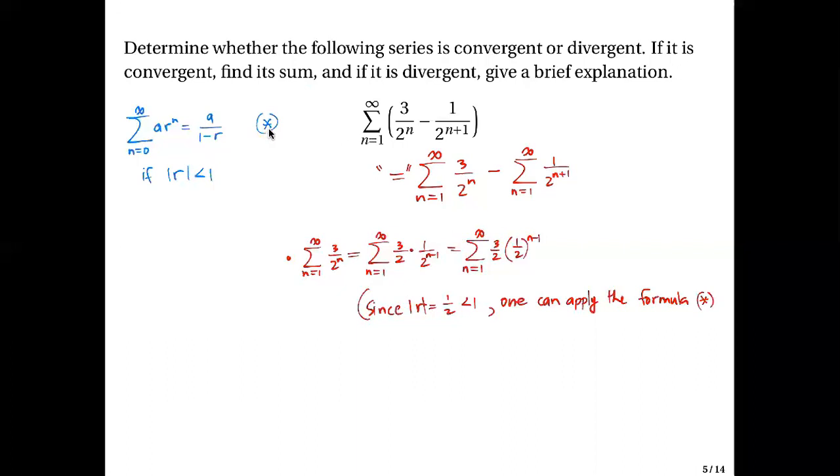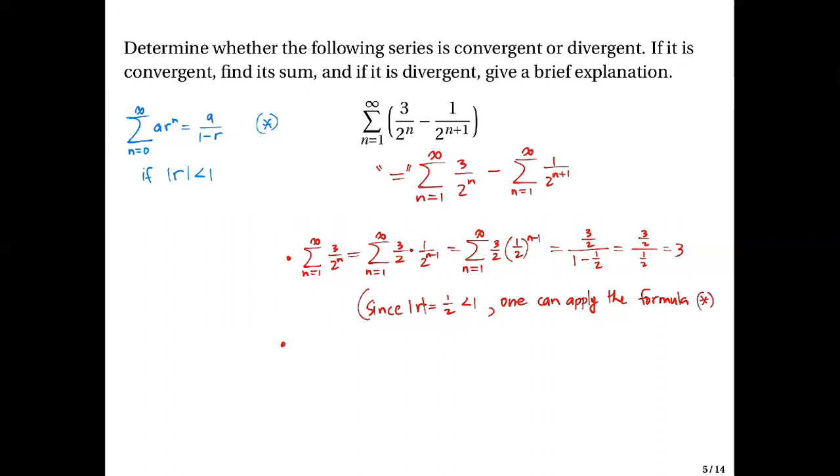So continuing, we now have 3 halves over 1 minus 1/2. But this is just 3 halves over 1/2, so this is just equal to 3. Okay? So that's the first one.